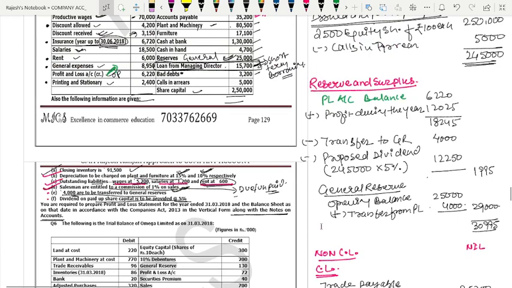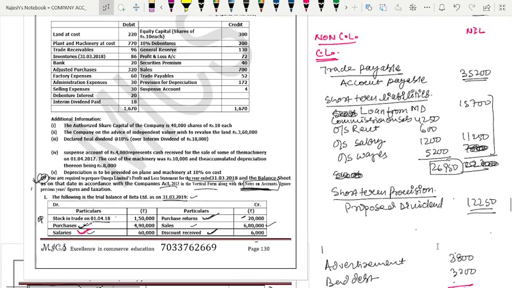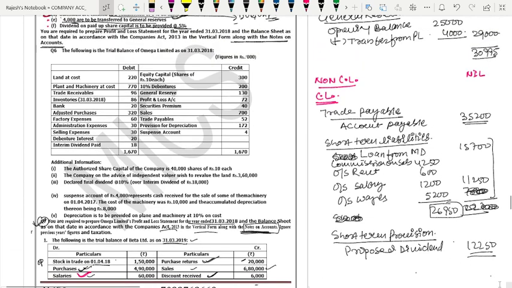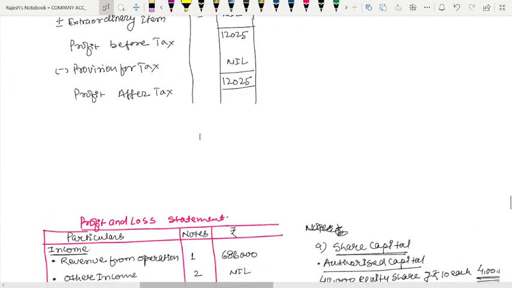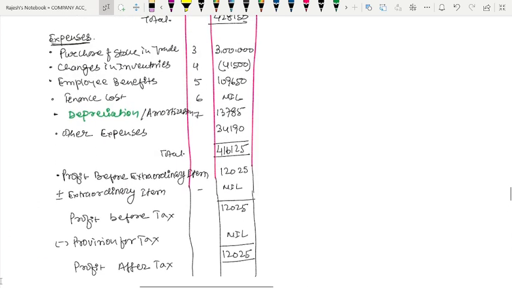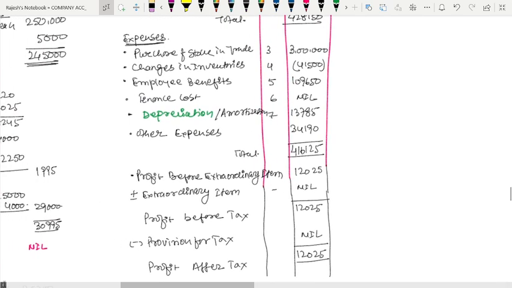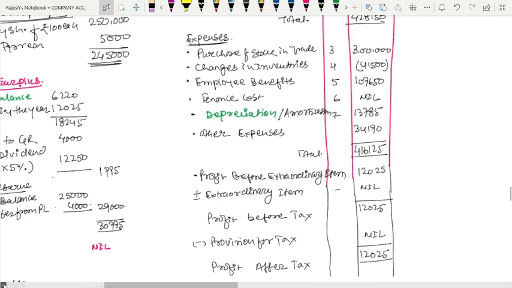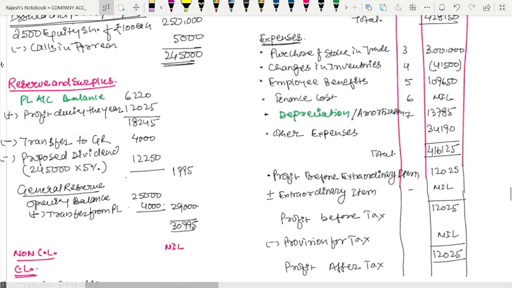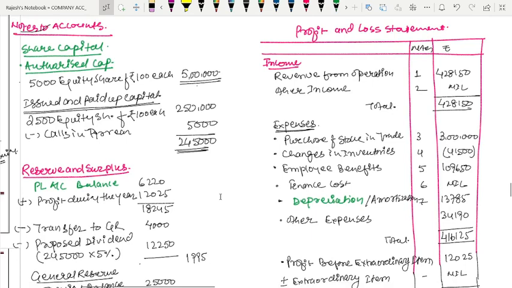Now we have to prepare the asset side. Where is the question? This one, no? This is the question. I'm just erasing this.